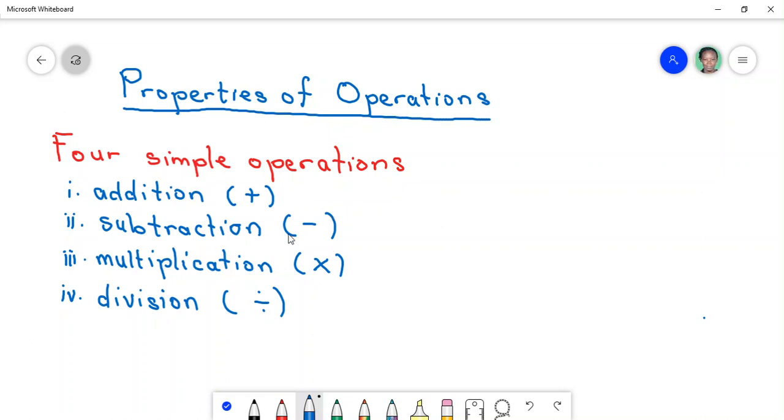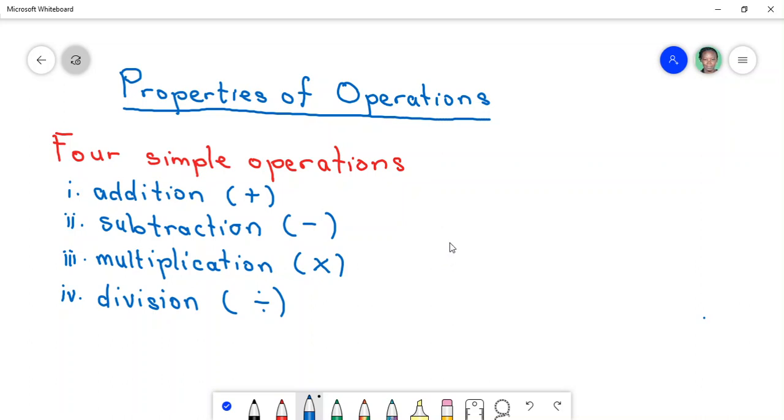You have subtraction as well, and this is the symbol, or you hear minus or take away. Or you have multiplication as well. That is the cross sign, or sometimes you hear times. Then the fourth is what? Division.